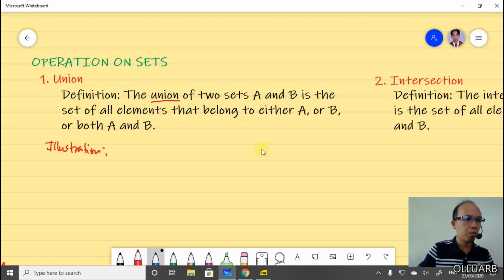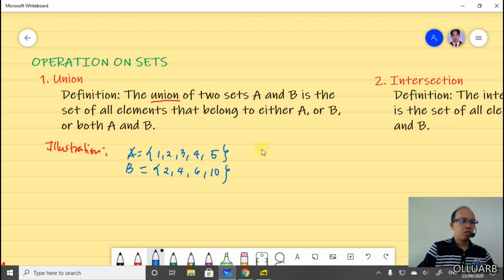So for example, if you have A, which is 1, 2, 3, 4, 5 for a simple illustration, and you have set B, which is 2, 4, 6, 10.